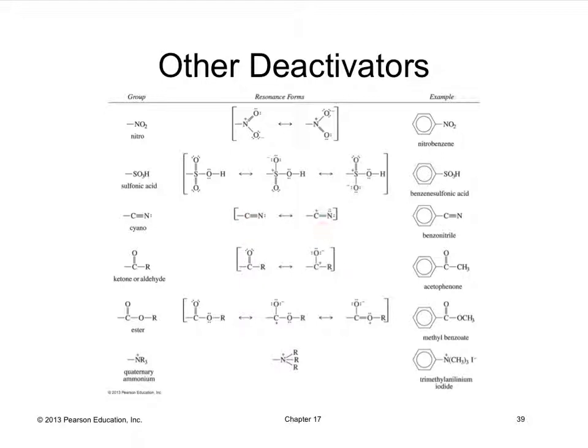Cyano has a positive charge on the C of the cyano. Ketone or aldehyde, again, positive charge on C. Esters, positive charge on C over here. And then quaternary ammonium, which is already positively charged, will also serve as a deactivator.